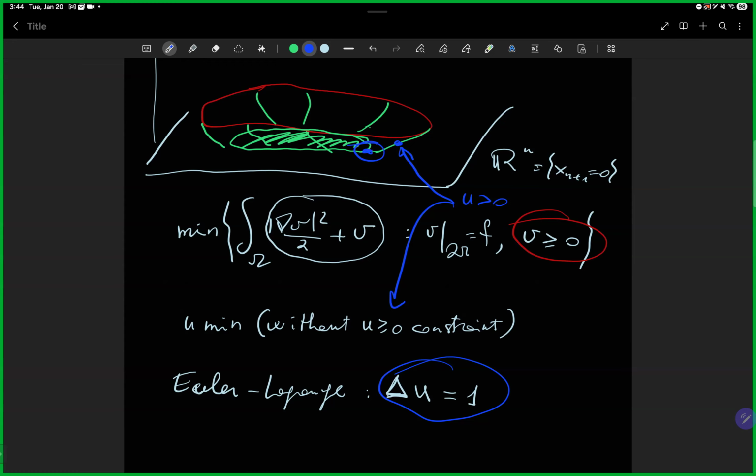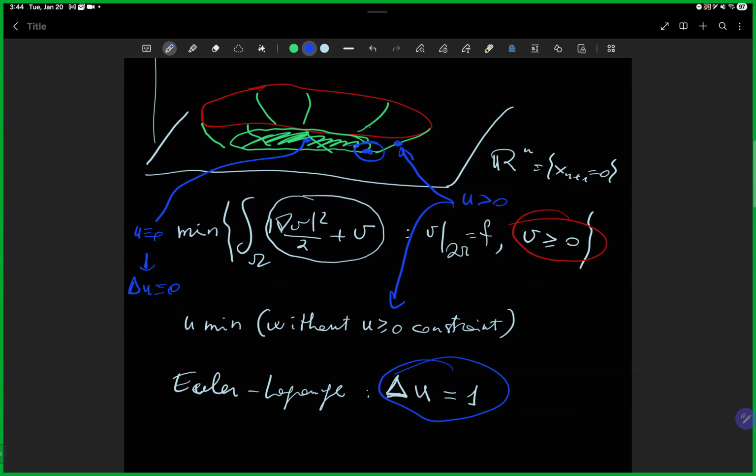The point is what happens where you touch. Look at this region where u is inside the contact region. Here u is identically 0, which means that the Laplacian of u is identically 0, just because the 0 function has 0 Laplacian.